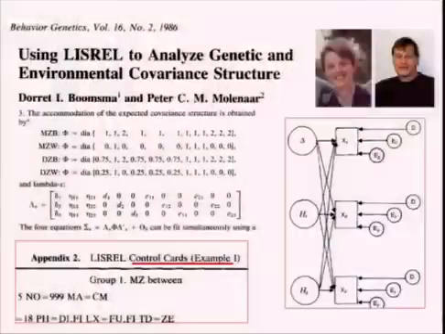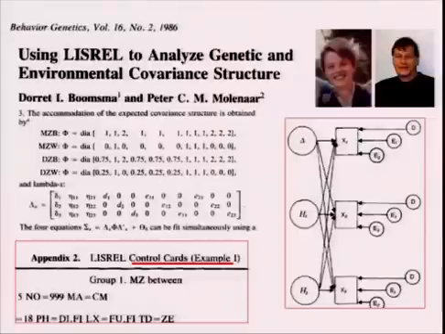So if we translate the model into literal notation using the path analytic representation, the D stands for additive genetic factors, and the Greek D, delta, stands for the common additive genetic factors, and you can see that those common factors influence a series of phenotypes.